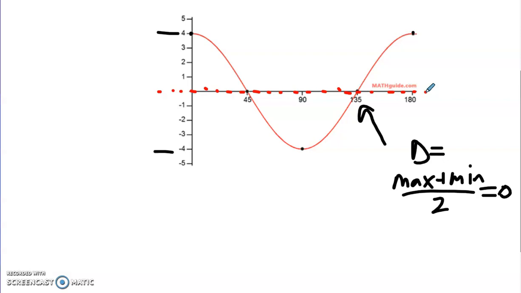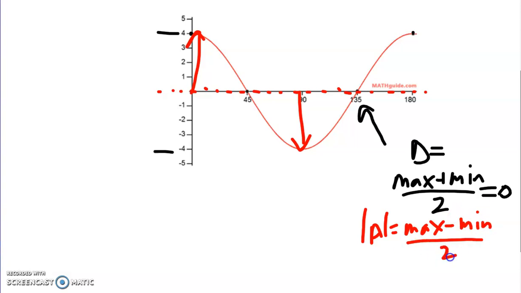Then my amplitude looks like 4 in this case. It's going up, and you can use the formula for amplitude, that is max minus min divided by 2. In this case, it's 4 minus -4 divided by 2, which is 8 divided by 2, which is 4. We got that visually from the graph as well.